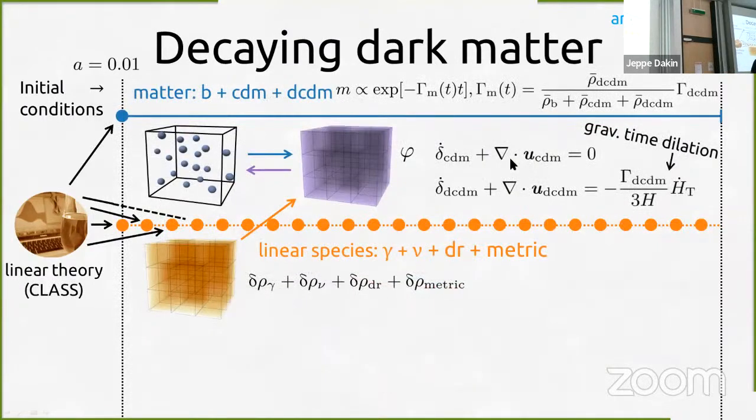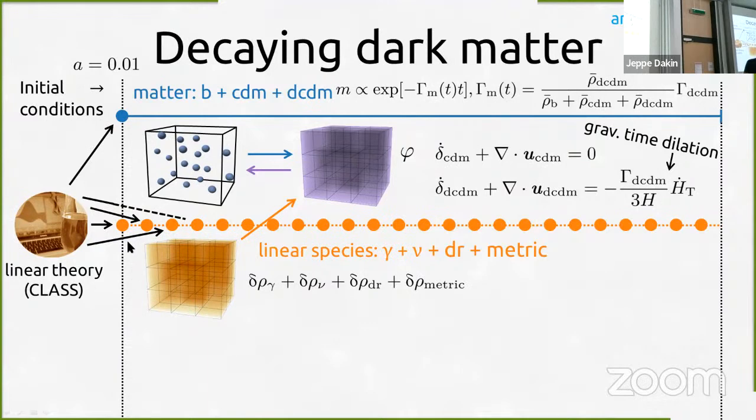Okay, so what we are missing is that if we check the continuity equation of normal cold dark matter, there's a nice zero here, at least in n-body gauge. But if you go to the decaying cold dark matter, there's a term here, which you can think of as a time dilation. So currently, the mass of each particle just drops down homogeneously, but each particle should have its own clock sitting at it, and it should be affected by the local potential, really.